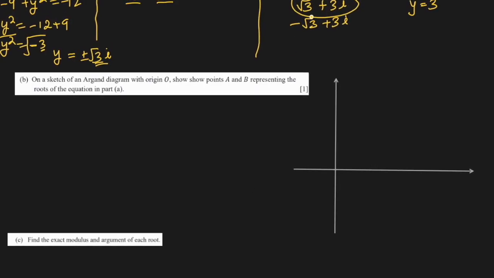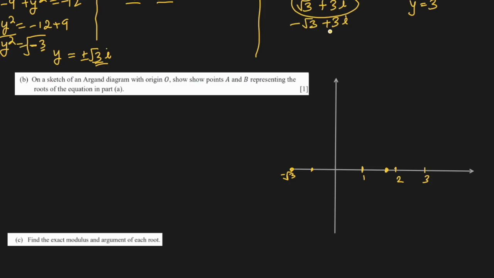Square root 3 plus 3i. So this is 1, this is 2, this is 3. Square root 3 is 1.73. Somewhere here is square root 3, the real part, and there is also negative square root 3. So this is negative square root 3, and this is positive square root 3.